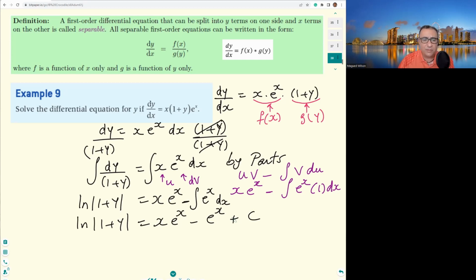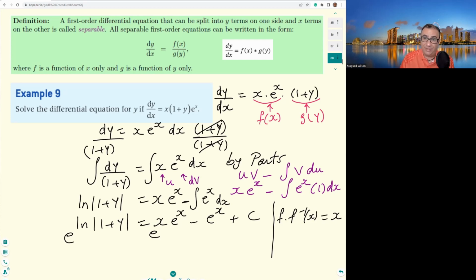I have 1 plus y inside ln, so I need first to get rid of ln. How to get rid of ln? Basically, you can raise both sides to e, because e is the inverse function of ln. Using the property in algebra, f of f inverse of x is x, so they cancel each other.